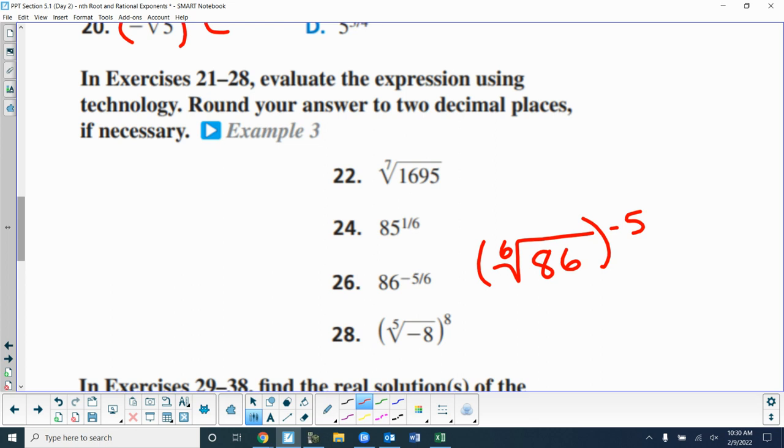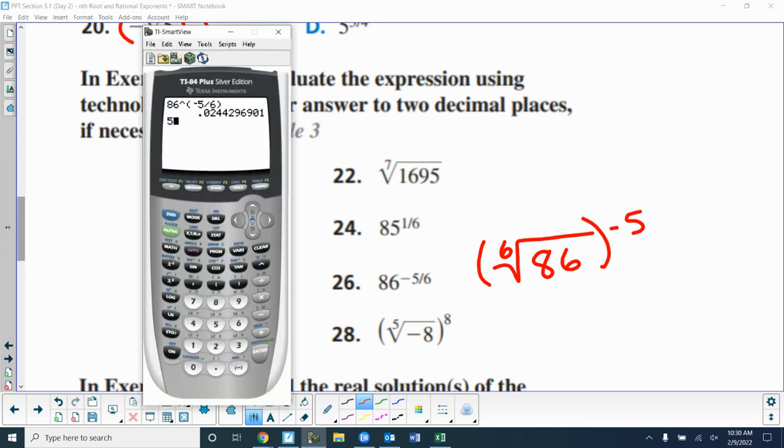28, I would put, 5, math, number 5, for 5th root, negative 8. I should put that in parentheses, I guess. I didn't put the parentheses. Insert it.